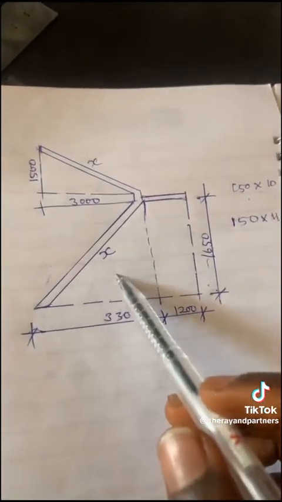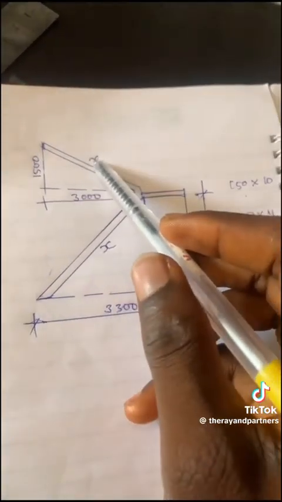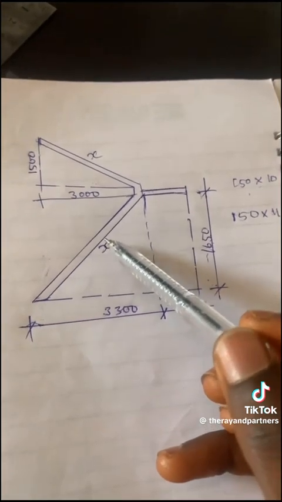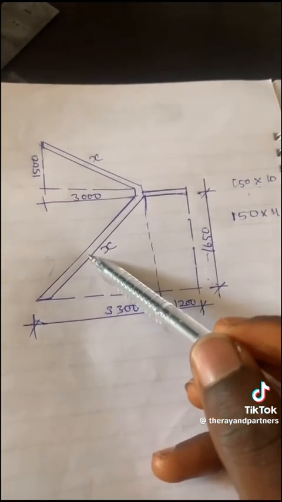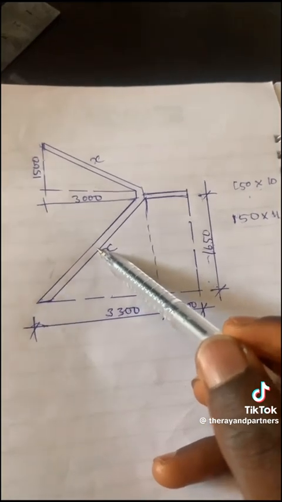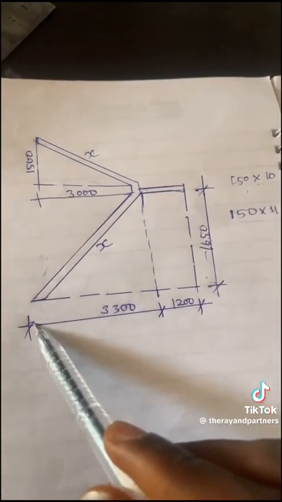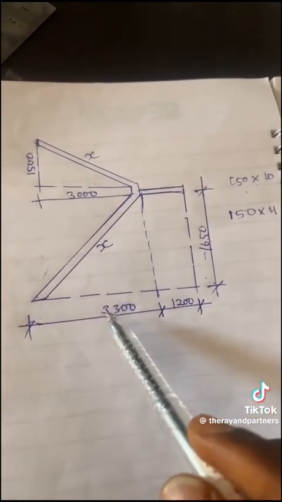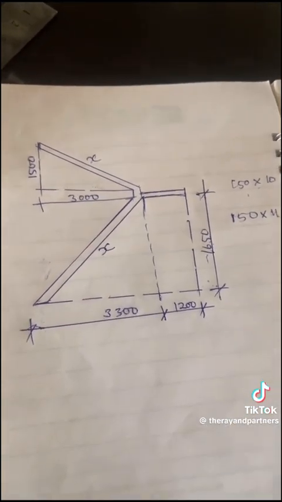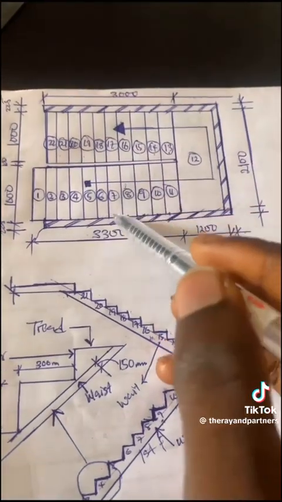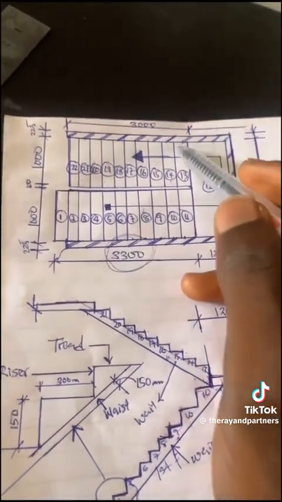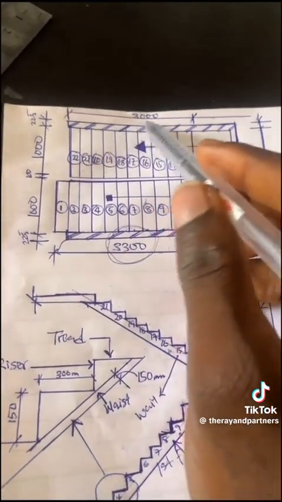Looking at these details, this is the first flight while this one is the second flight. The hypotenuse is not known yet, which is the waist of our staircase. This is the waist. So the distance between here and here is 3,300 as it is shown in the details of our staircase. And for the second flight is 3,000 mm.